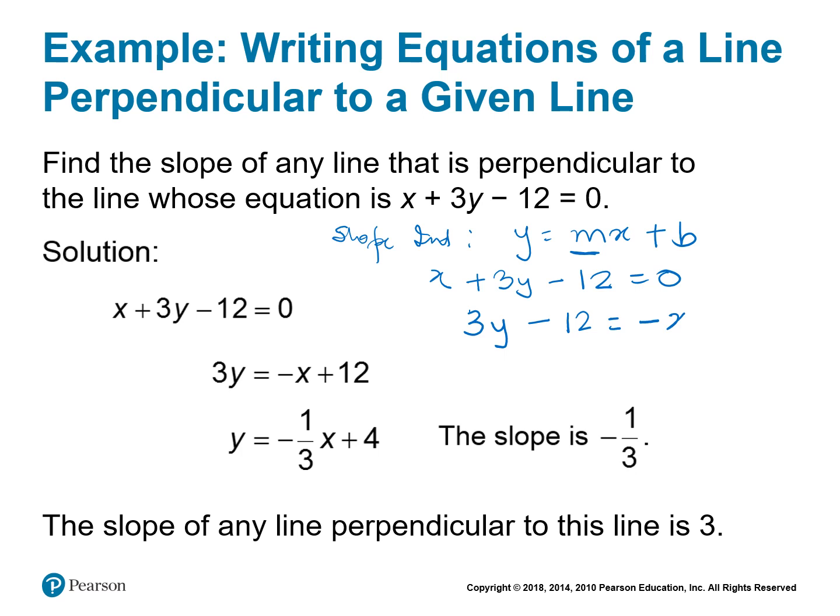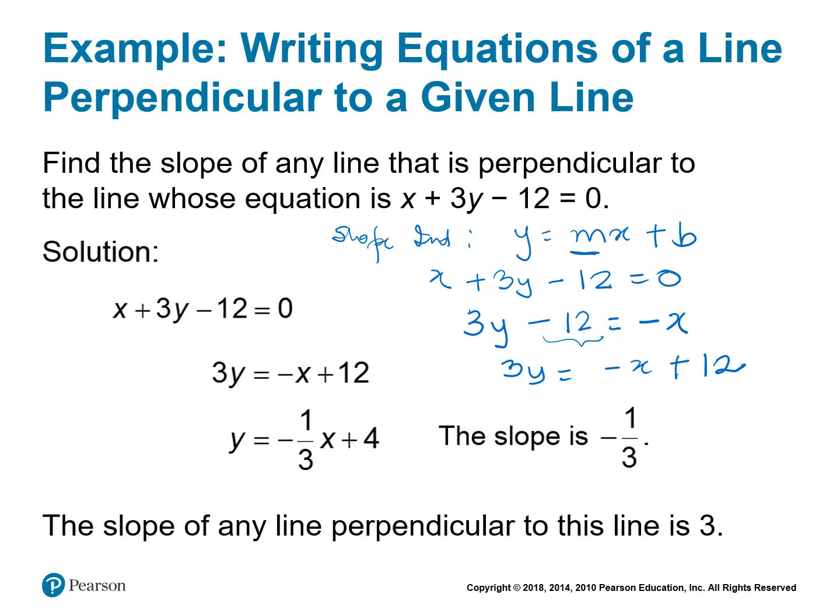Whenever you move a variable or a value in an equation from one side to the other, you have to change its sign, correct? So we have 3y minus 12 equals minus x. Now we have to move the minus 12 over to the other side. So we have 3y equals minus x plus 12, correct?